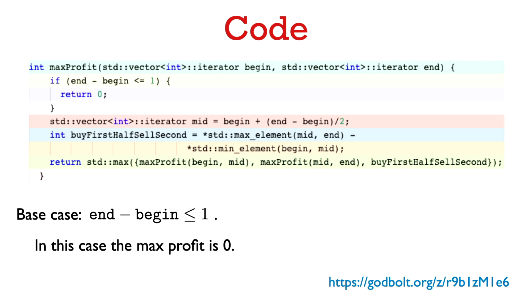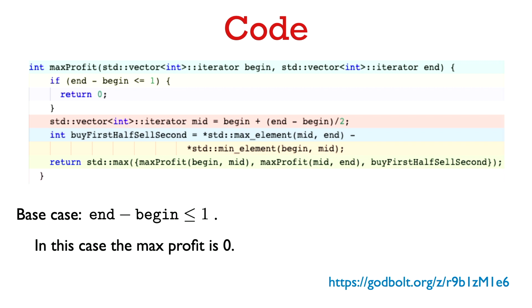Okay, so that's the example. Here's the algorithm expressed in code. And a nice thing about divide and conquer algorithms, when you express them recursively, you can get this really short and simple code. Okay, so we have a function here called max profit, and it takes 2 iterators.